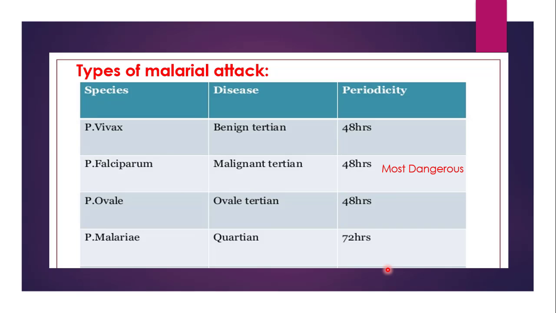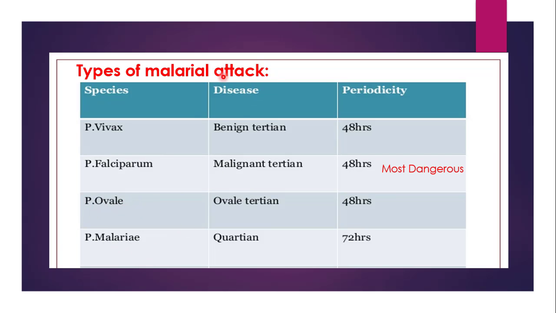Now, moving ahead with the types of malarial attacks. These are the species which we discussed in the definition, which are responsible for causing malaria: Plasmodium vivax, Plasmodium falciparum, Plasmodium ovale, Plasmodium malariae.